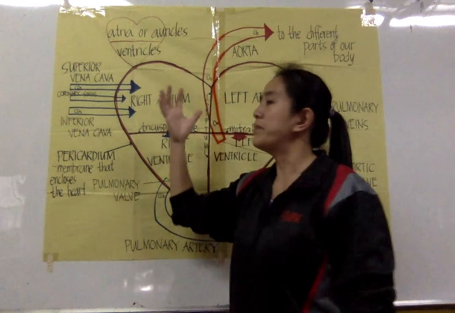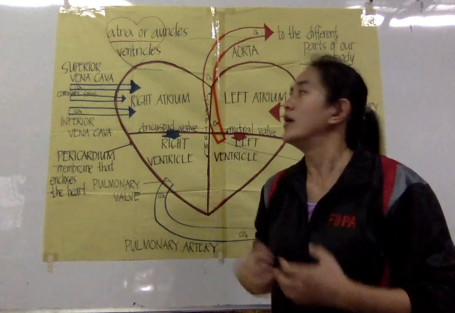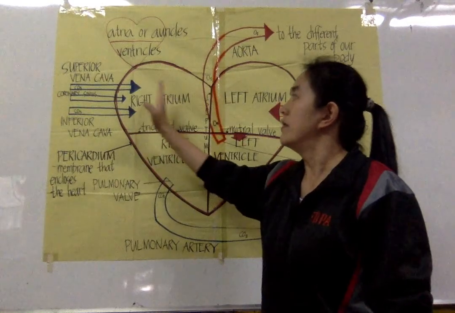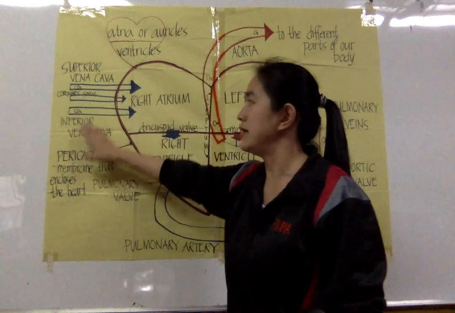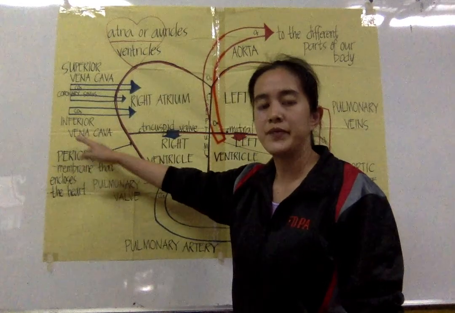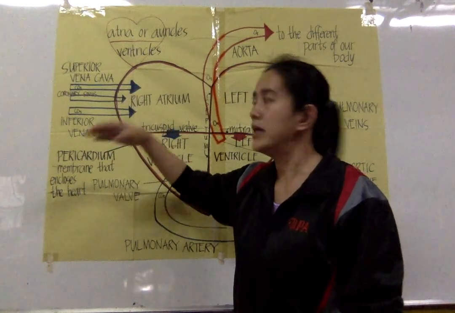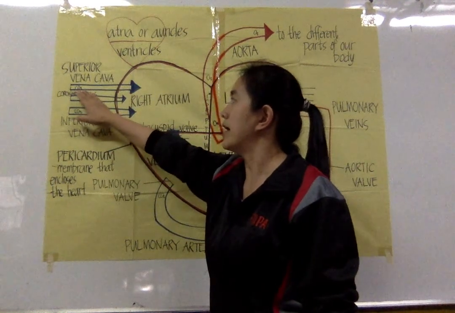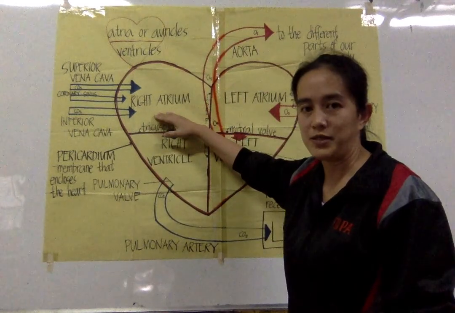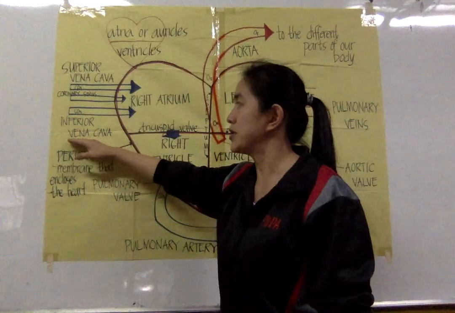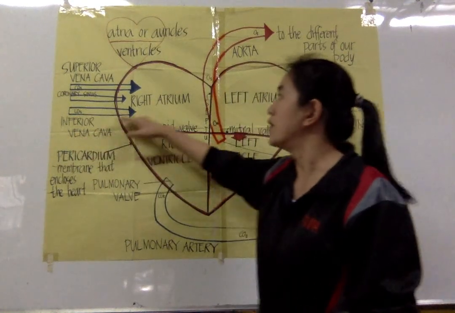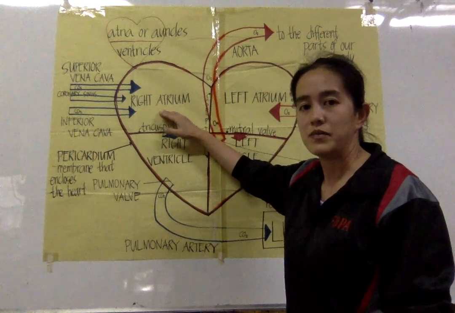Now, blood from the different parts of our body will pass through vena cava. We have 2 types of this, superior and inferior. Blood from the upper parts of our body will pass through superior vena cava, going to the right atrium. Blood from the lower parts of our body will pass through inferior vena cava, going to the right atrium.